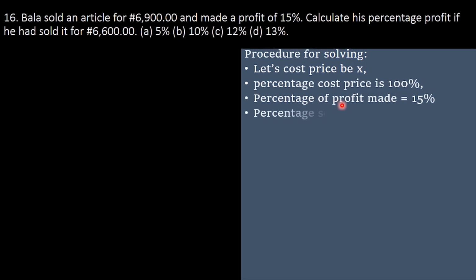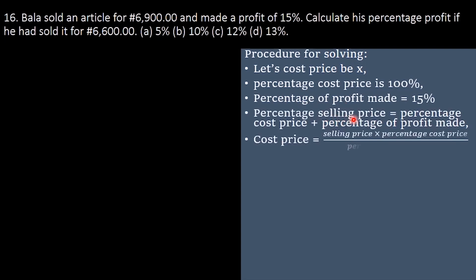The percentage selling price is equal to percentage cost price plus percentage of profits made. The formula for cost price is equal to selling price multiplied by percentage cost price divided by percentage selling price. The formula for the percentage profit is equal to selling price minus cost price divided by cost price multiplied by 100%. Now let's check the solution.